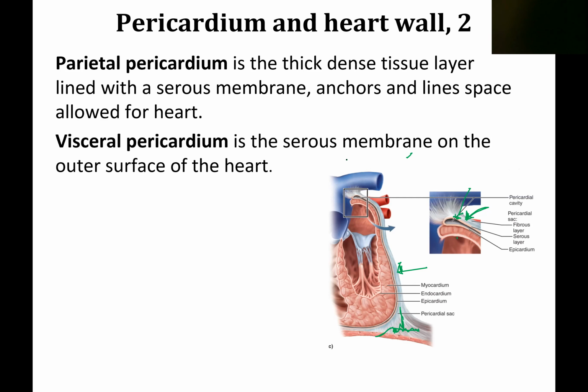The visceral pericardium is the superficial layer of the heart. It's a thick serous membrane on the outer cover of the heart. So, visceral pericardium, its job is mainly to make the serous fluid.